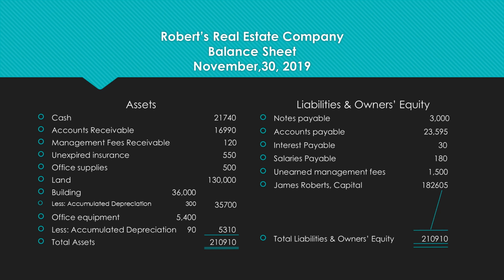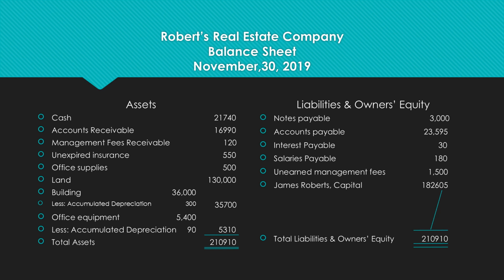This is the closing balance of the capital that we derived from the statement of owner's equity, 182,605. Now we have added all liabilities and owner's equity together. The total at the end of November is 210,910, which is equal to the total assets of 210,910. You can see that assets are equal to the total of liabilities and owner's equity.